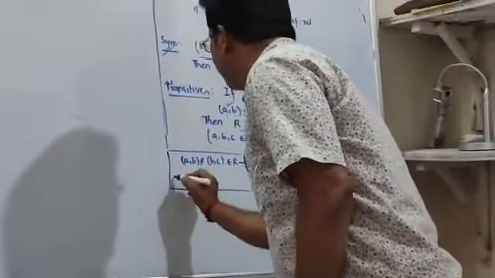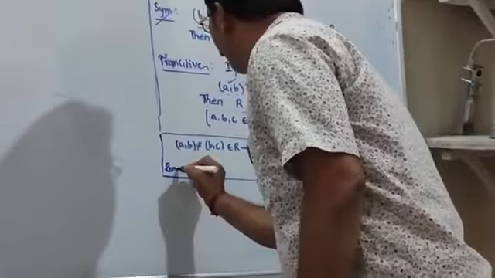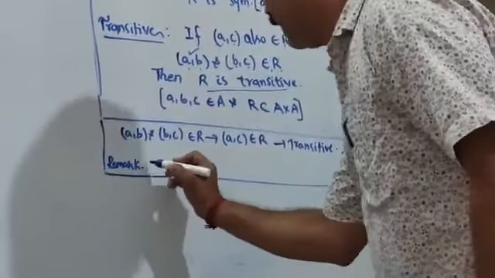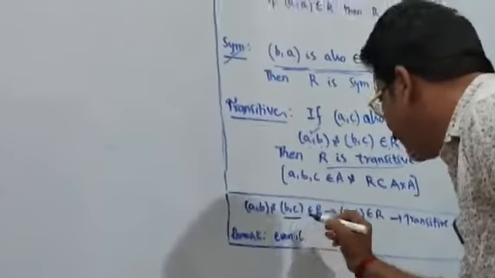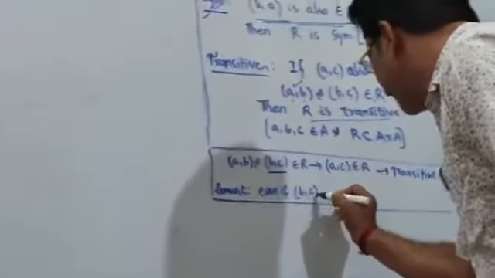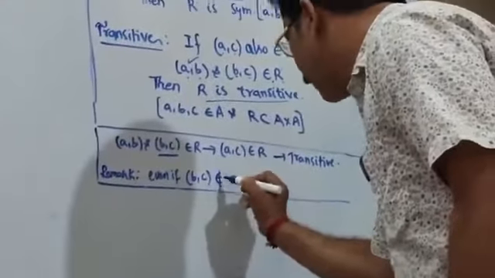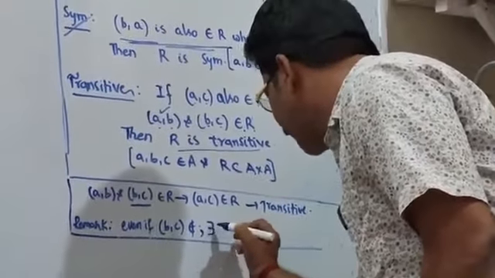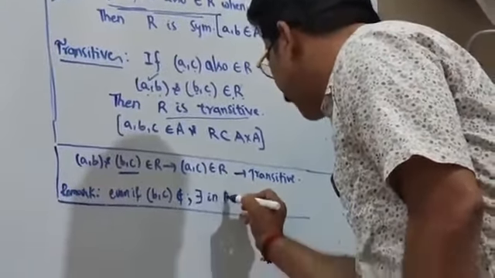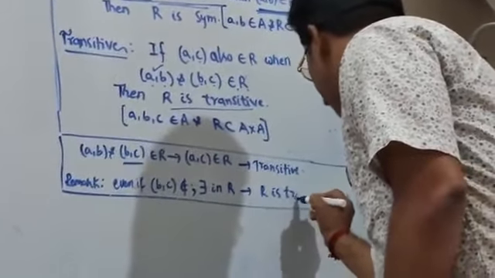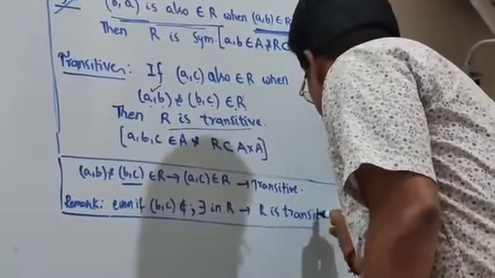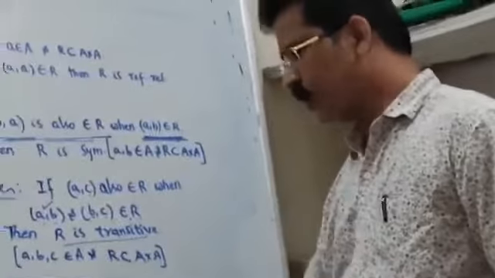Even if the pair (b,c) does not exist in capital R, then also capital R is transitive. It is one remark in transitivity.